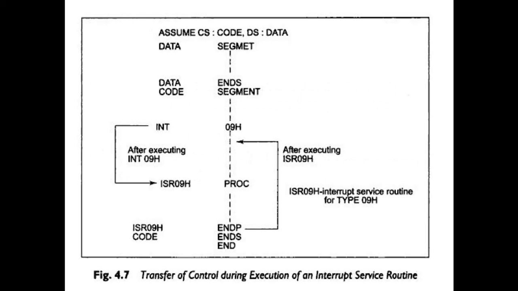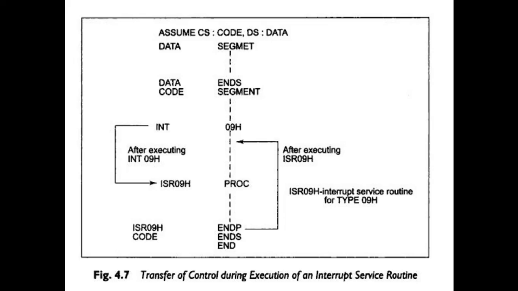Here we can see the transfer of control during execution of an interrupt service routine. We are executing one program, the main program. Inside the main program we have an interrupt, INT 09H, which is a software interrupt of type 09.